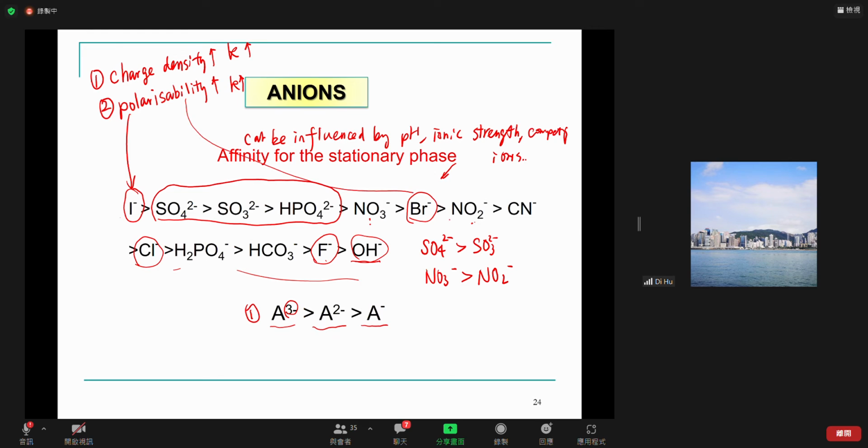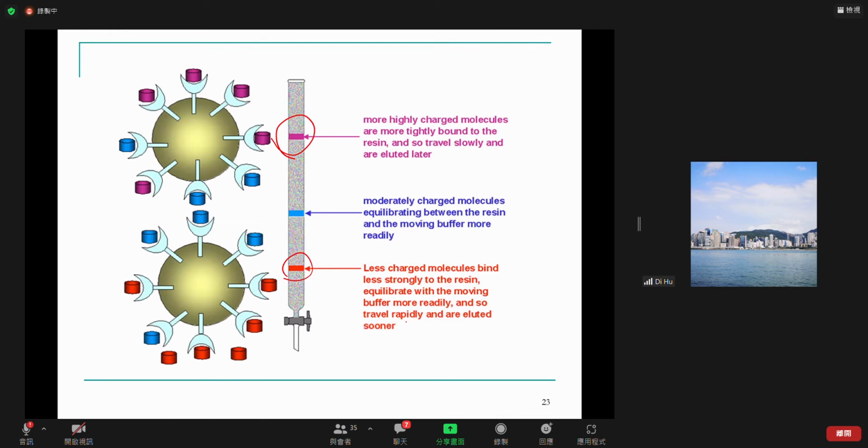Okay, also same here. The larger the polarizability, the larger the retention. And there's also a series of that one. Let's see, how can I show it? And for another group, if I can see more space. This is perchlorate. It has stronger affinity than, oops, sorry.